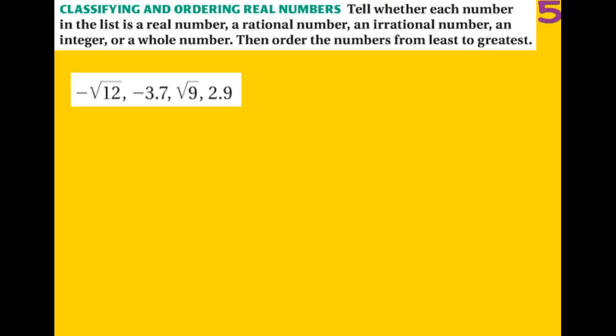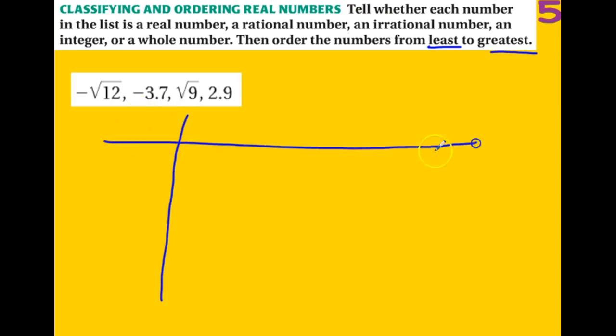This is where people got a little bit tricked up. Classifying and ordering real numbers. Tell whether each number in the list is a real number, a rational number, an irrational number, an integer, or a whole number. Then order the numbers from least to greatest. So I'm going to make a table or a chart here. We've used these in the past.